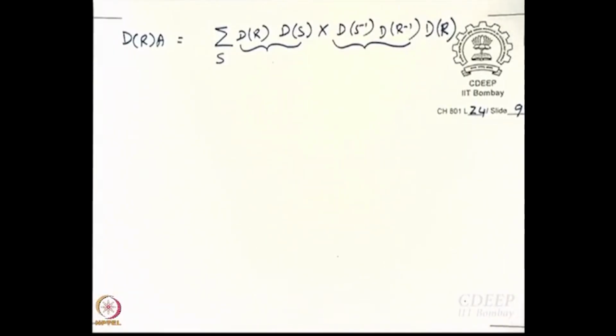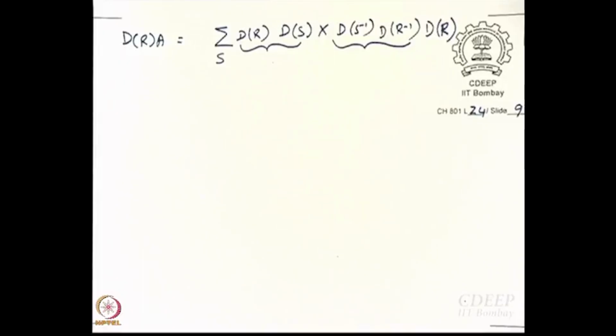What is dr ds? Now we are using group theory. The symmetry operations form a group, right? So a product of two symmetry operations is also another symmetry operation, right? Symmetry operation number 1, symmetry operation number 2, and then a third symmetry operation.